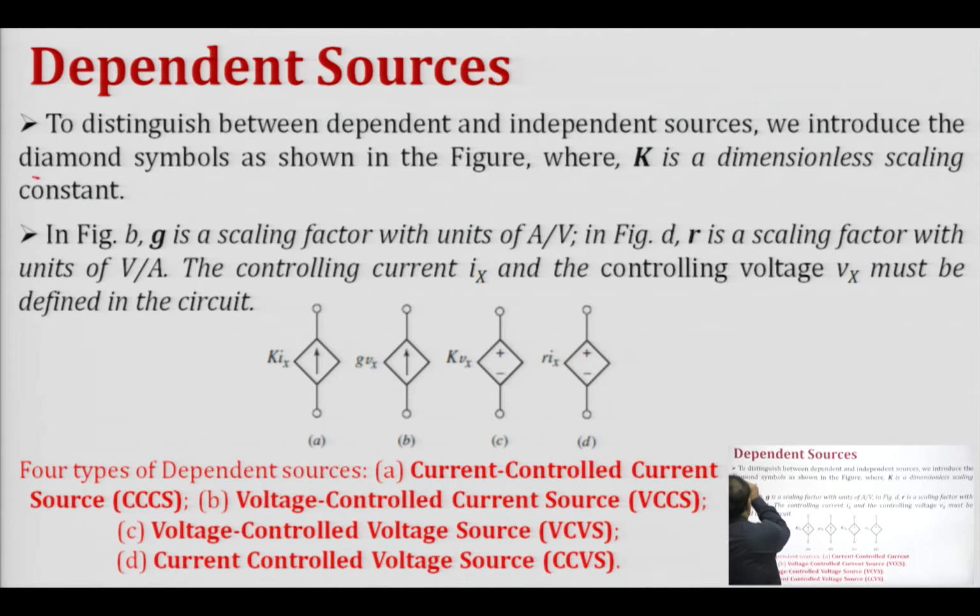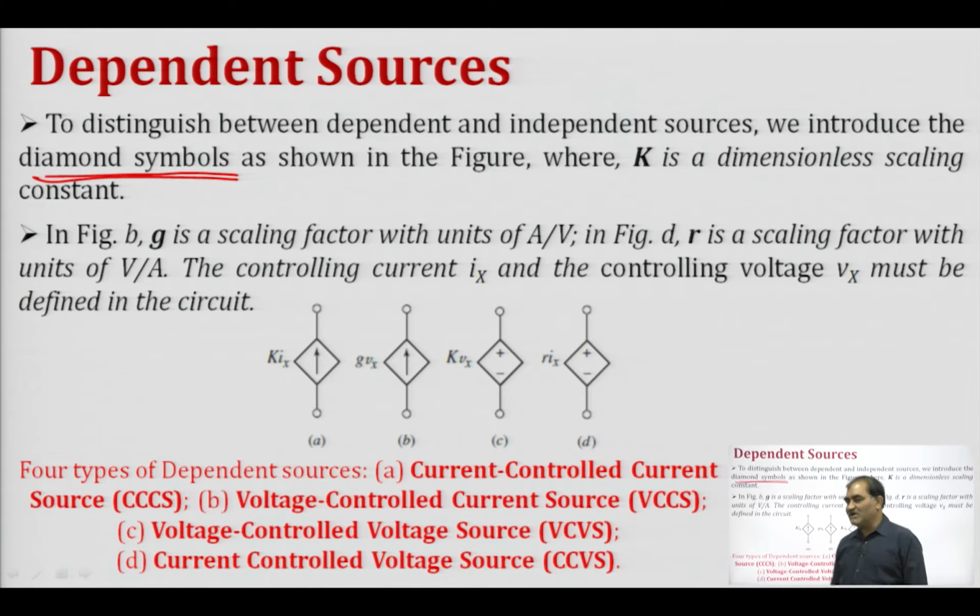So, in case of dependent sources, we represent them by a diamond symbol, and the independent sources are represented by a circular symbol. These are some of the representations for the dependent sources.